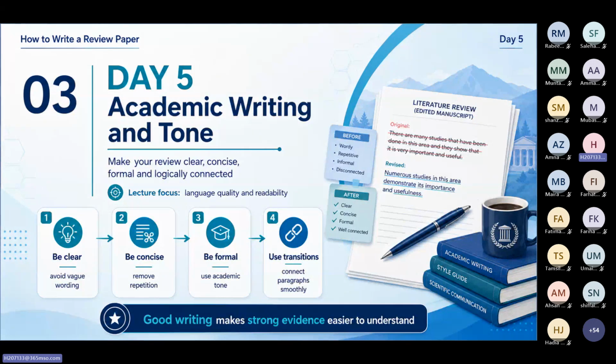So the next is academic writing and the tone of paper. So, just wait a moment. I need to take some water because my throat is feeling a little uncomfortable.